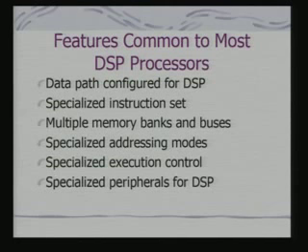There will be multiple memory banks and buses because you would like to have multiple inputs simultaneously. For this purpose, there are specialized addressing modes, some execution control techniques, and specialized peripherals for getting inputs from the sensors. In many of these signal processors you even have onboard digital to analog converters for the output and analog to digital converters for the input.